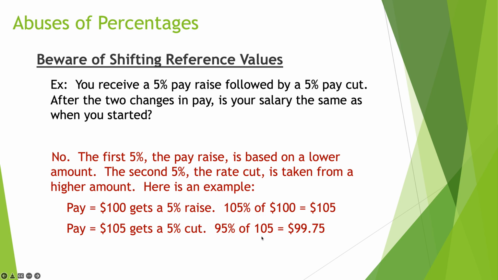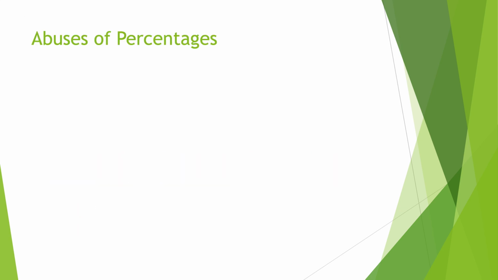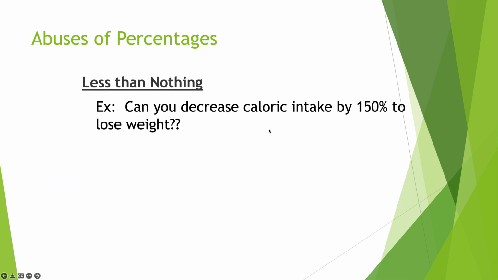That means you're only going to get 95%, right? Because you're deducted, or you're less than. So 100 minus 5% is 95%. Of 105, that's 99.75. So it doesn't work out evenly because you're not taking 5% of the same thing. In the first case, you're taking 5% of a smaller number. So in the second case, since you're taking 5% of a bigger number, you actually get a bigger pay cut in an absolute sense.